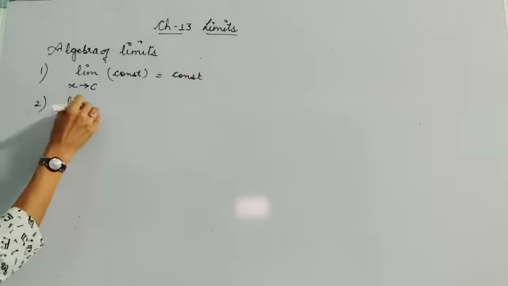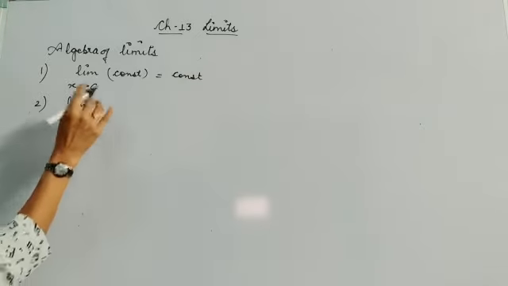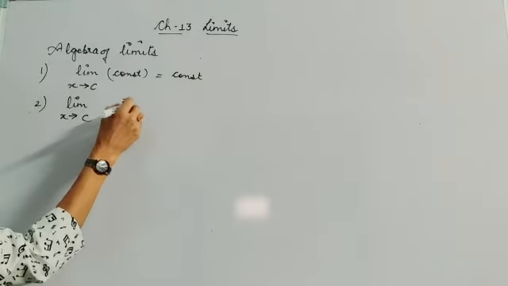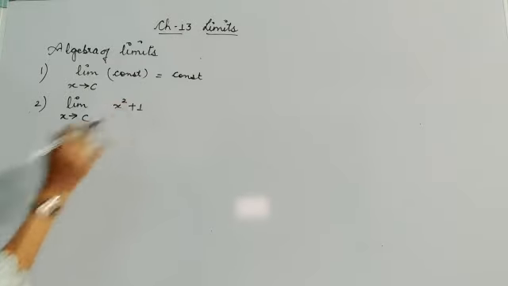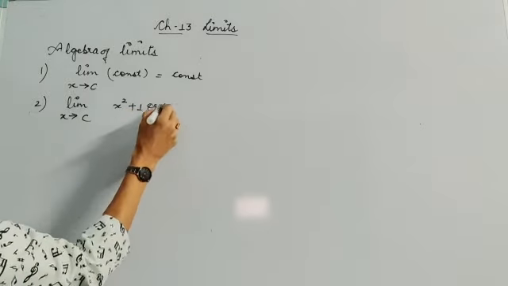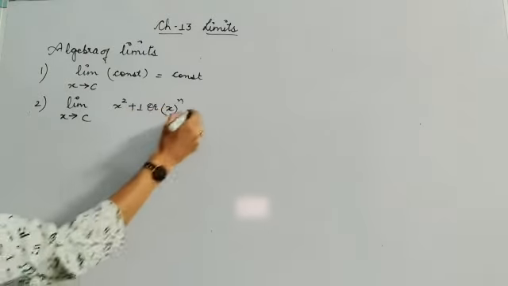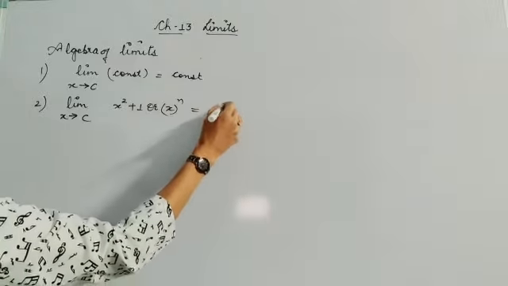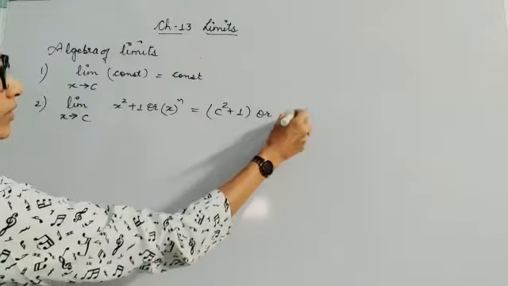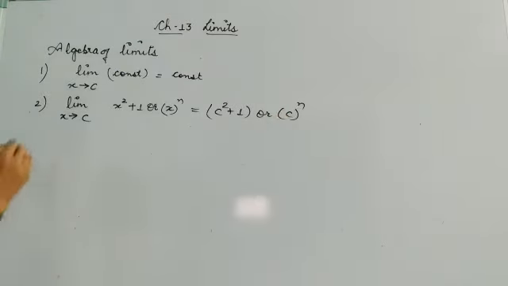If the expression, the function, is in the form of, let's suppose, x square plus 1, or simply x raised to power n, then the answer would be c square plus 1, or simply c raised to power n.